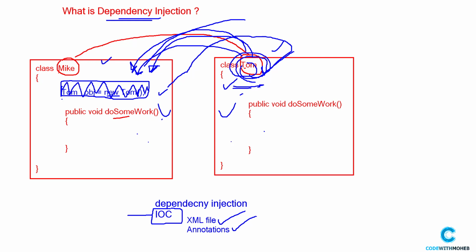That is what dependency injection is and how it is done. Now if you bring any changes to this class, the other class will not be affected. So they are completely loosely coupled, not tightly coupled.